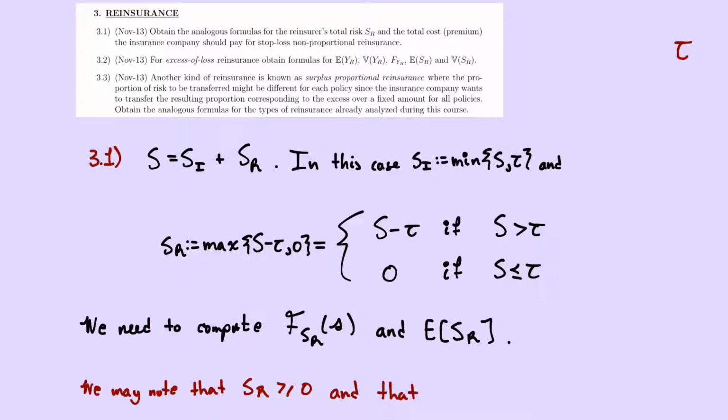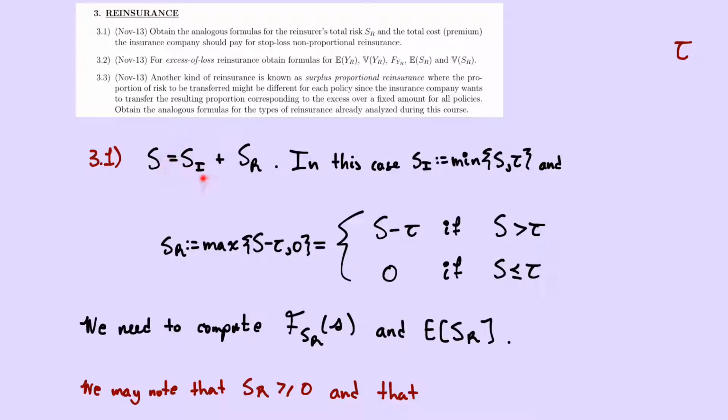So first we will remember what the reinsurance model was. In the reinsurance, we just have that our random variable S, that remember is the total amount paid by the insurance company over a period of time, we will see as the sum of two random variables.